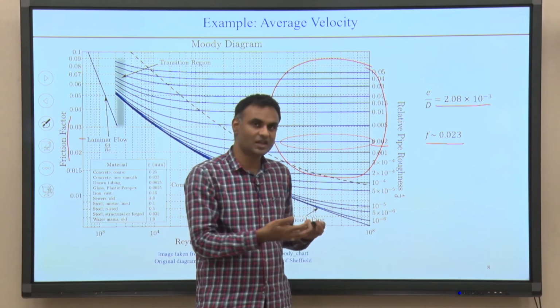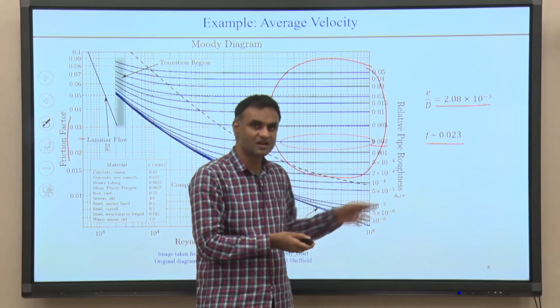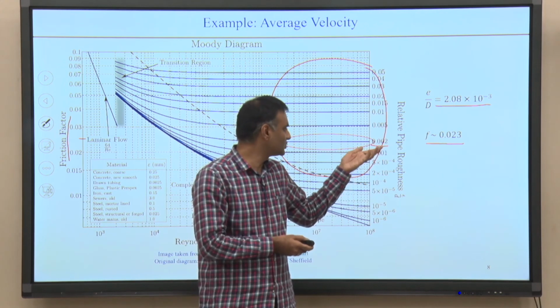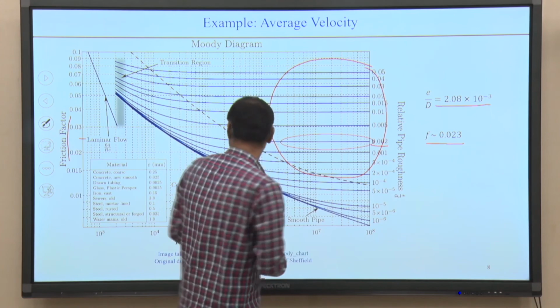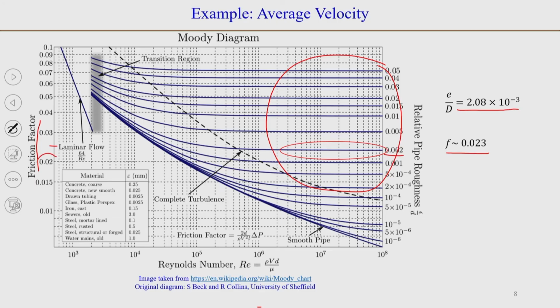So, you will reach an accurate value. If you start with a good guess, so I have taken here F is equal to 0.023, you might even guess F is equal to say 0.02, and you will end up in the same final answer.